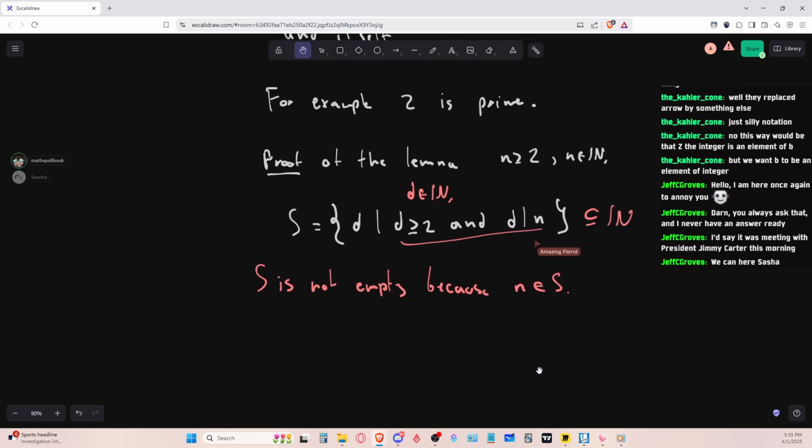Okay, so getting back to what we were talking about. How is this supposed to help us with the fundamental theorem of arithmetic? Here we have just shown that we have the hypothesis to use the well order.